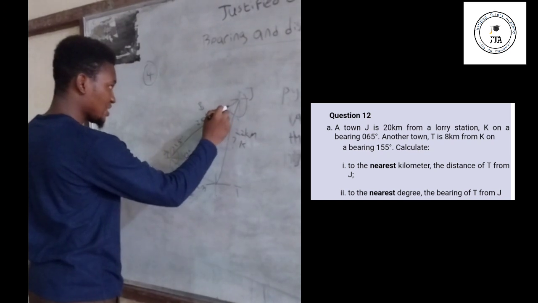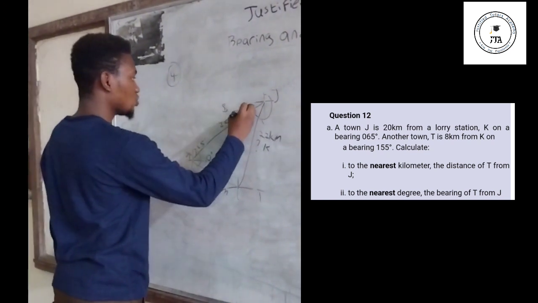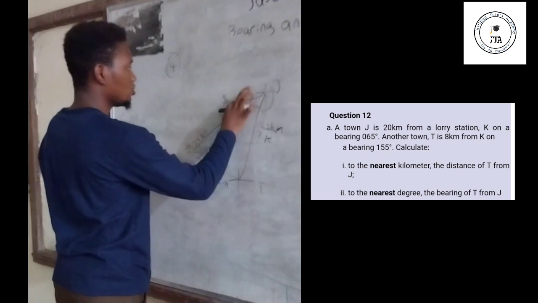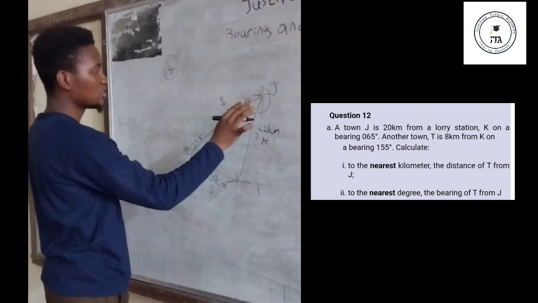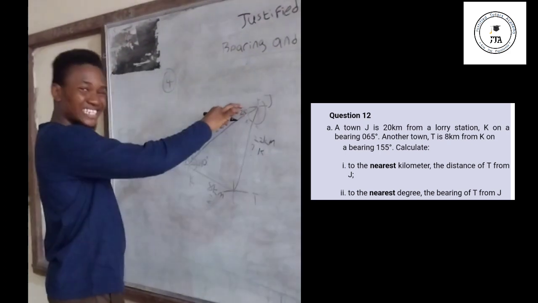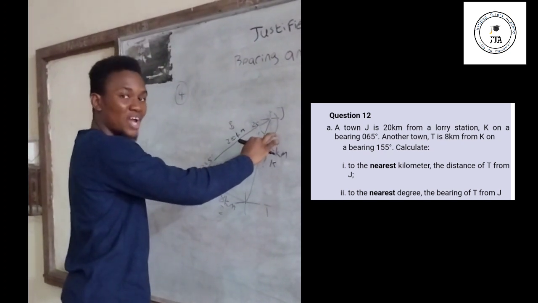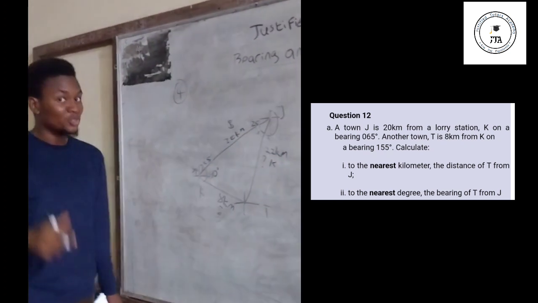Since here is 150, and here to here is 165, it means that here is 25. So what we need now is this point added together with 25, then subtract from 90 to get here, and then add it to 180 to get there. So it is not hard.